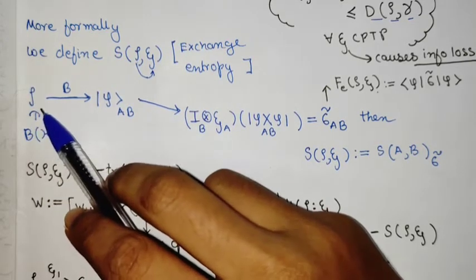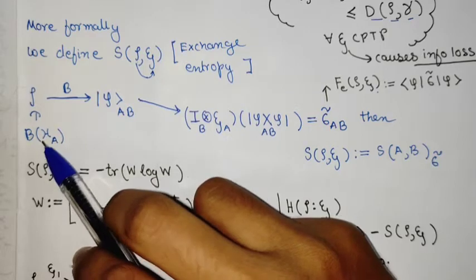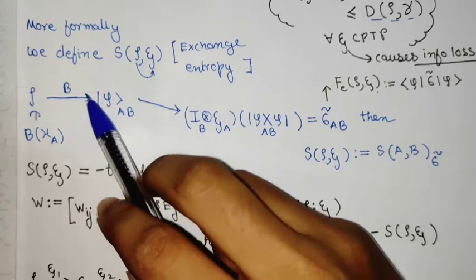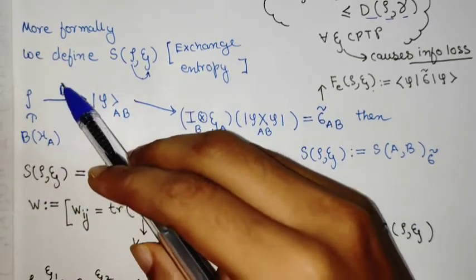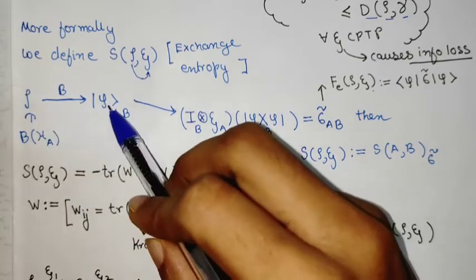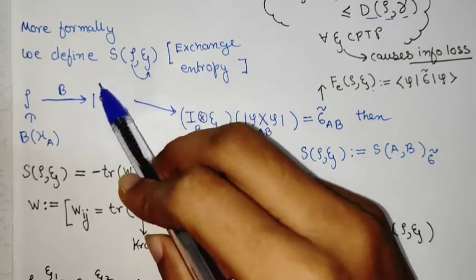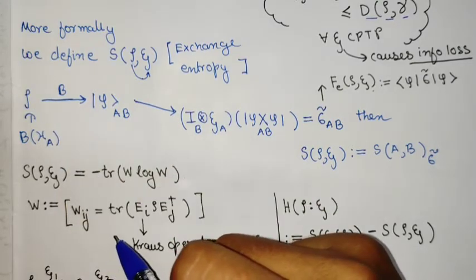Take a state, which is some sort of a bounded map over a Hilbert space. Use a purification B. In my very first videos I have talked about purification. Make this density matrix a pure state such that if you trace out the B part, you will get back this density matrix.